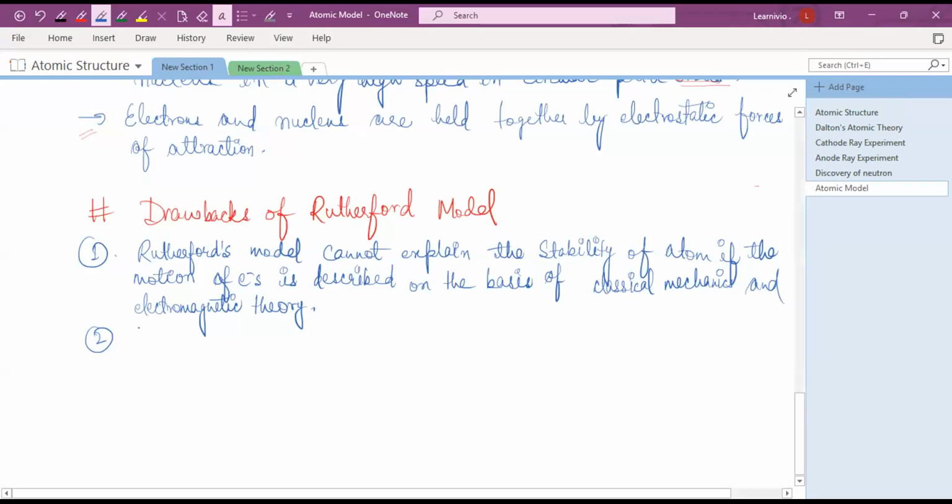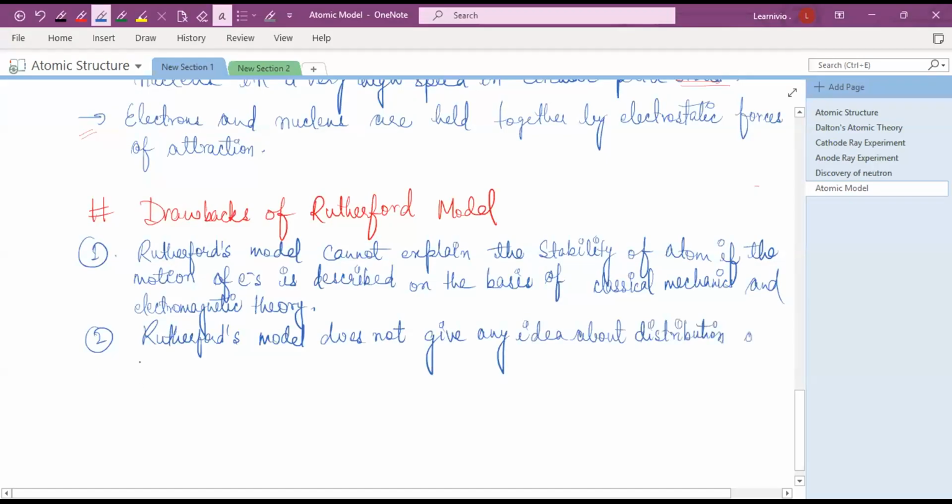So Rutherford model does not give any idea about distribution of electrons around the nucleus and about their energies.